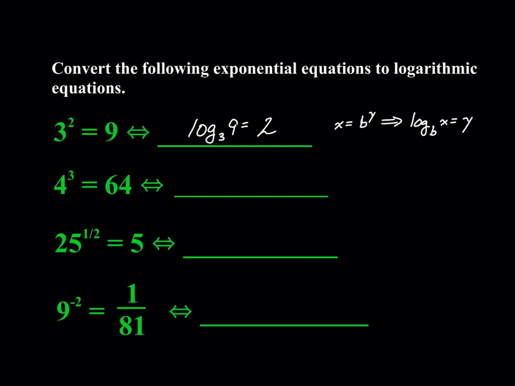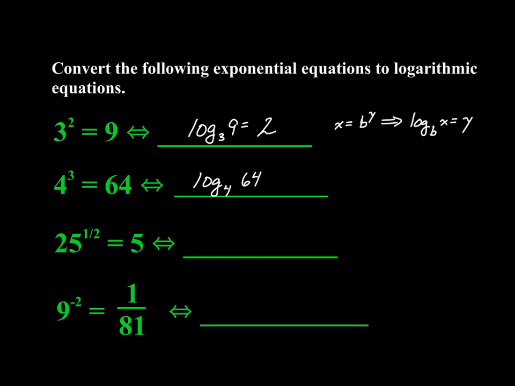All right, so we can identify our different parts here. The 3 here is our base value b, so that becomes log base 3, which is what we have here. The number that comes after the log is our x value, which was what it equaled, our 9. So we have log base 3 of 9 is equal to, and then we have the y value right here.